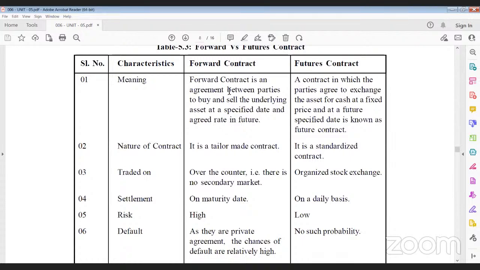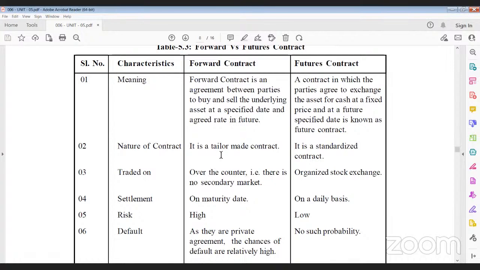Forward contract is an agreement between parties who buy and sell, whereas future contract is a contract in which parties agree to exchange assets. Here buying and selling is not focused on. Under future, it is exchange of the asset at a fixed price at a future specified date.